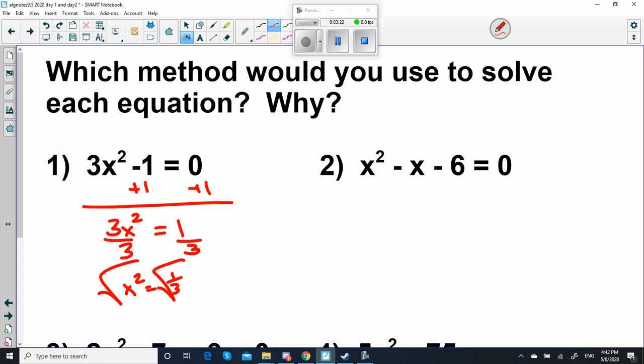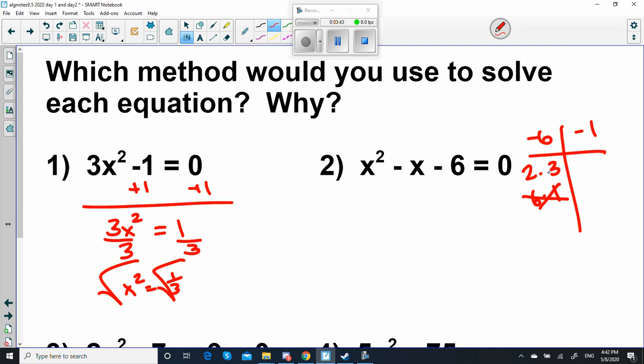If I look at number 2, I think I'd try to factor that. As I look here, factors of -6 that give me -1. Let's see, 2 times 3 and 6 times 1 come to mind. 2 times 3 have a difference of 1, so it can't be the 6 and 1.